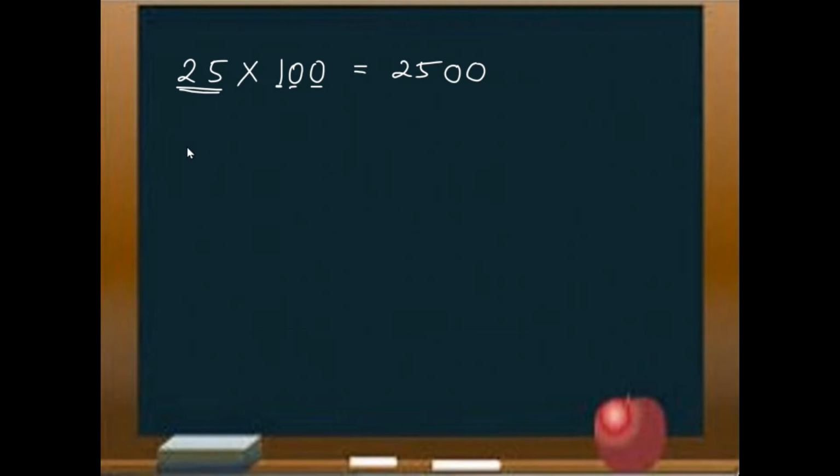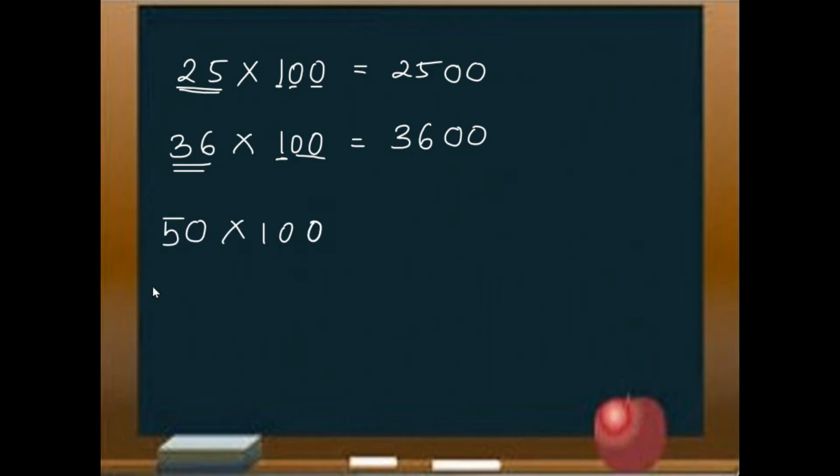Similarly, 36 times 100, again 36 times 1 is 36 and add these two zeros at the end, so it's 3600. Suppose you have 50 times 100. So again you will do the same thing. 50 times 1 is 50 and then add the remaining two zeros, that will make 5000.